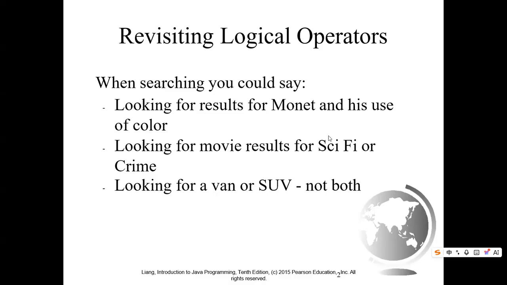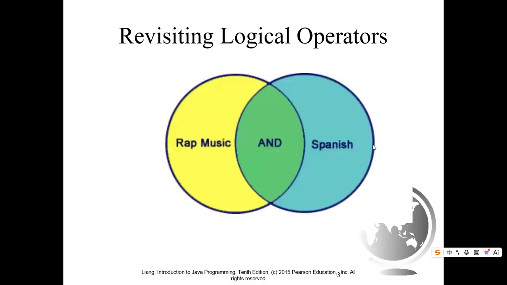When searching, you could say that you are looking for a result for Monet and his use of color, or looking for movie results for sci-fi or crime, or looking for a van or SUV but not both. So in this case, we can use the logic operators to select the specific thing that we want.